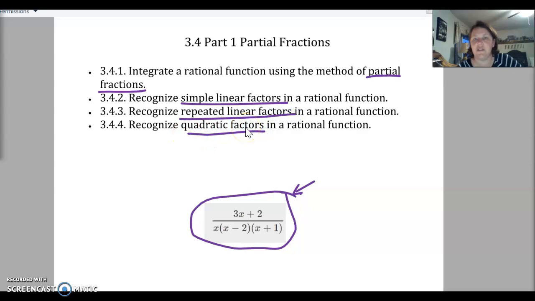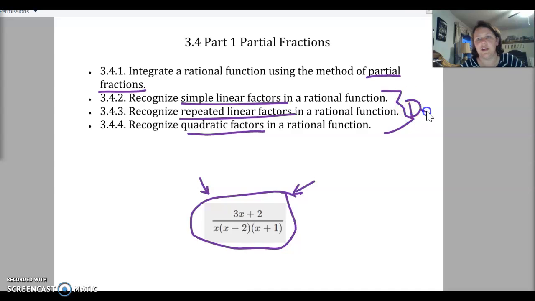There's a different partial fractions method for each one of those types, so you need to be able to recognize the three different types. For this first example, I'll tell you that this is simple linear factors.